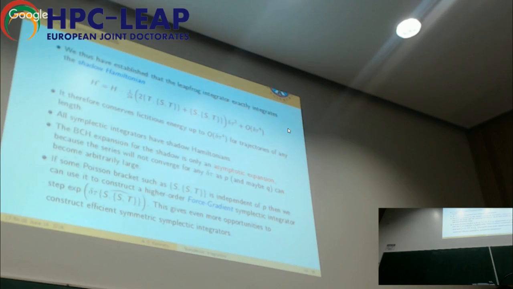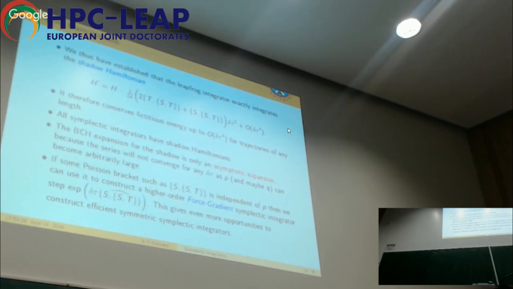Can you show that, like you said, if delta t is arbitrarily large, then there's always a shadow Hamiltonian? Actually, I prove the opposite: for whatever value of delta t you have, there's never a shadow Hamiltonian, in the sense that this series doesn't converge.